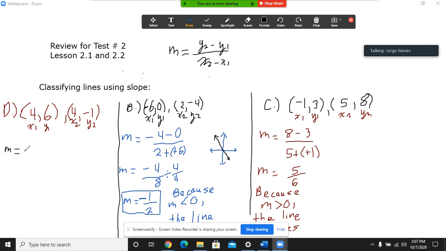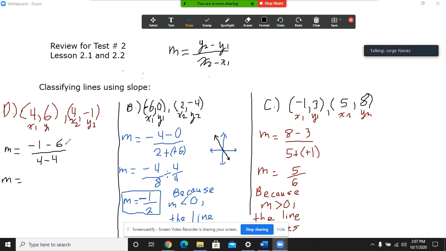We have y2 minus y1, so it's going to be -1 minus 6, okay, over x2, and you can see it very quick. What's going to happen in the denominator? ¿Qué usted ve? Va a dar 0, usted lo ve rápidamente.